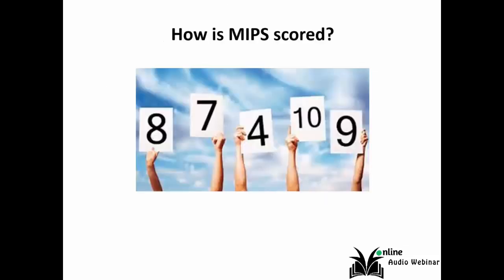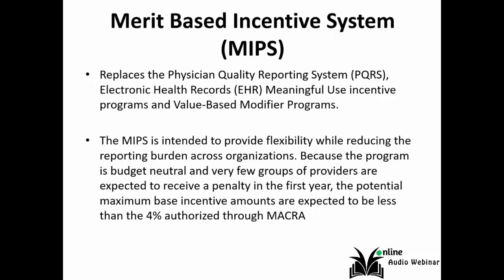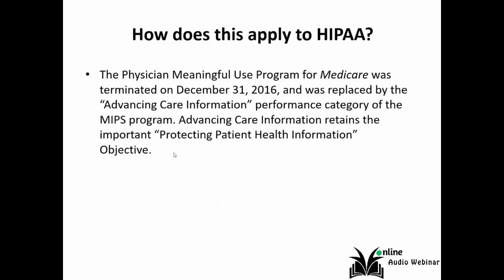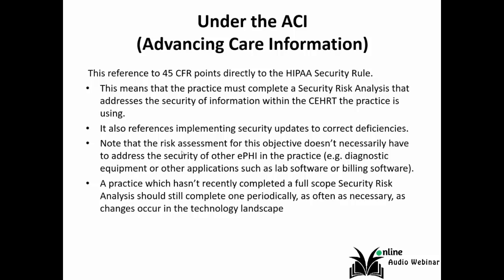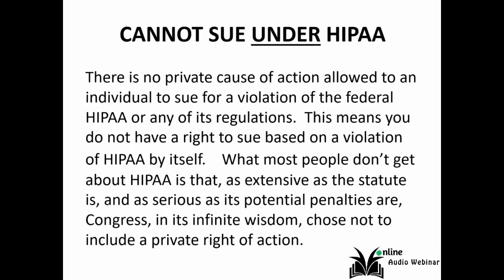So real quick about MIPS. The MIPS program essentially replaced the old Meaningful Use program. Meaningful Use, what it used to be called, went away in late 2016, and then we have what's called the MIPS program. Make sure your HIPAA security risk assessment is done annually if you are in the MIPS program. Remember, there's no private right of action under the federal law.